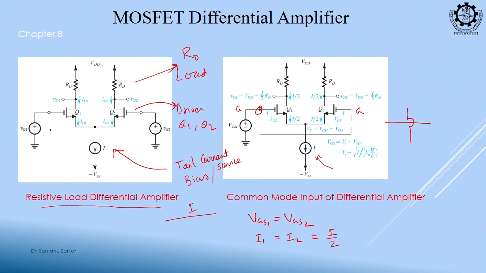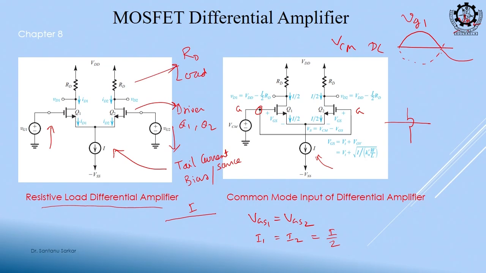Now, suppose I increase this and decrease this, adding on top of the DC voltage. One voltage is increasing, another voltage is phase shifted opposite to that. Suppose this is VG1 and this is VG2.